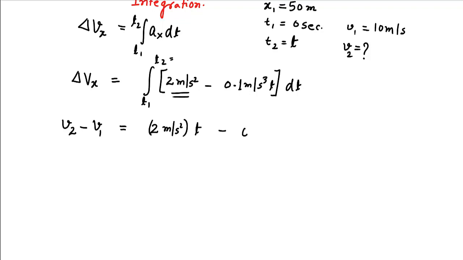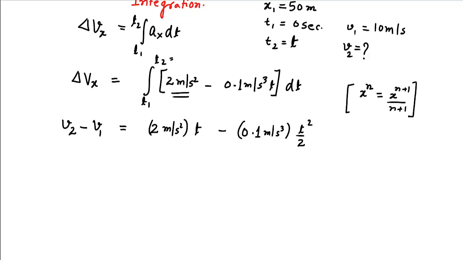minus 0.1 meter per second cube, and the integration of t is t square by 2. At this point we are using the formula that the integration of x raised to the power n equals x raised to the power n plus 1 divided by n plus 1.